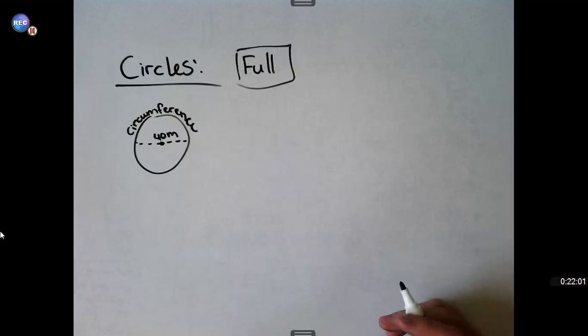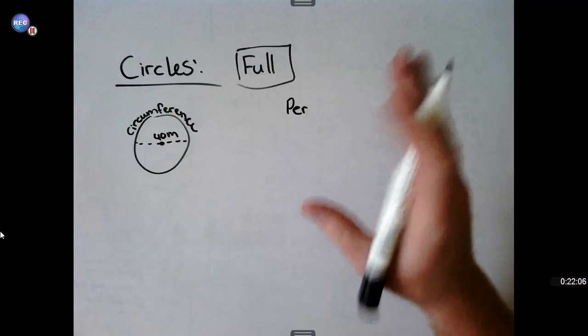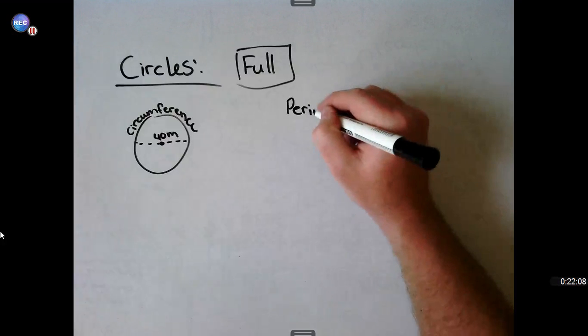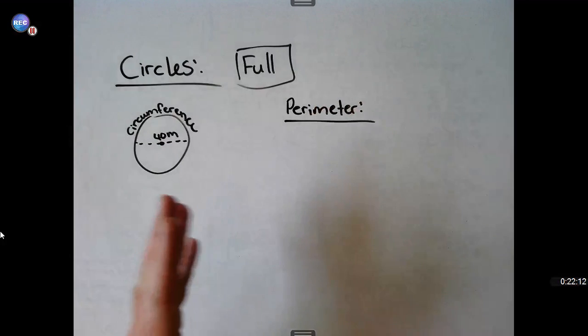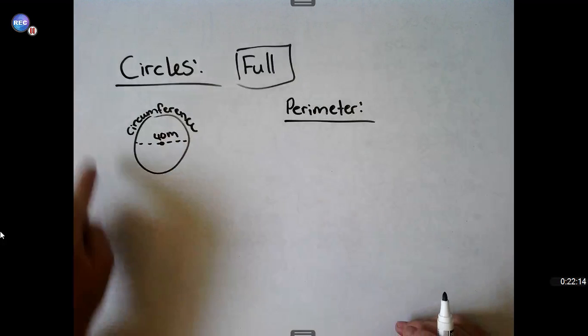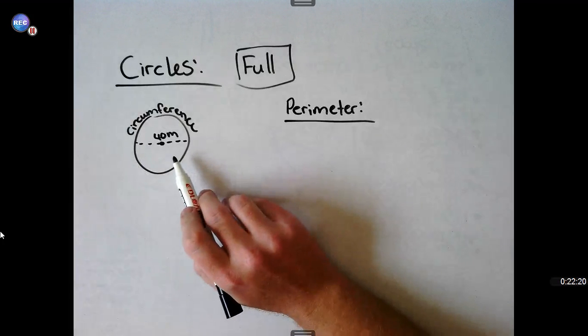So with regards to the perimeter, or let me call it the perimeter, but it's actually called the circumference. With the circumference of the circle, to calculate the circumference of a full circle, the first thing that needs to happen is, if they give you the diameter, you need to go and calculate the radius.